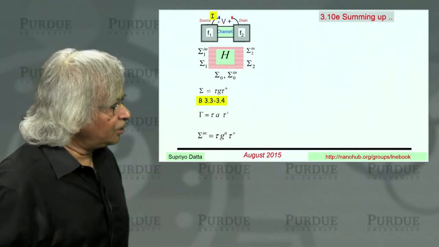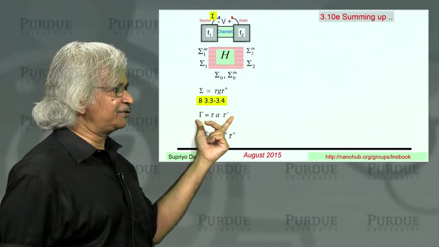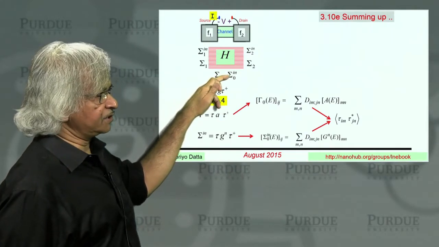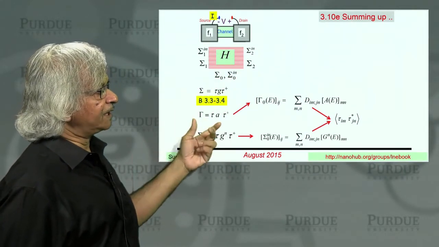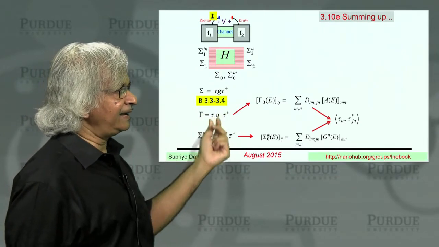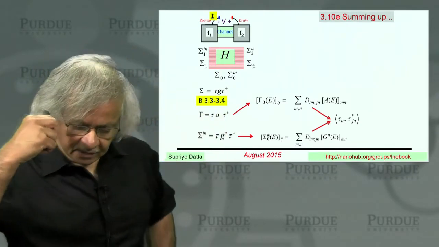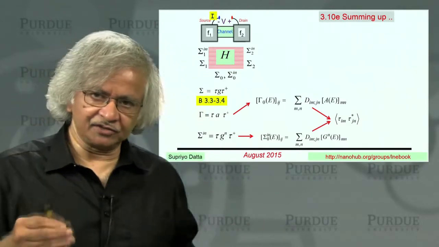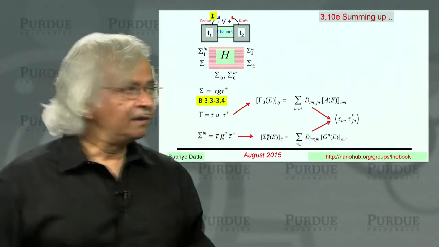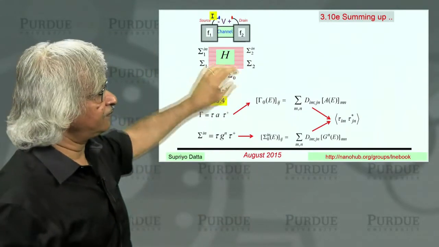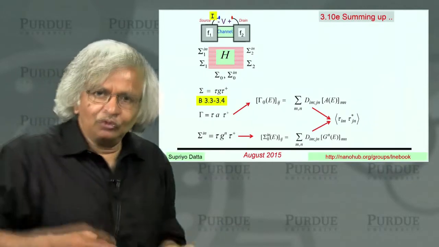Well, you could use this same expression to come up with an expression for sigma 0 or sigma 0n or the gamma. Because the way it works is, you see, gamma is tau A tau dagger. A is supposed to be the surface spectral function or the surface density of states of the contact. But when it comes to scattering processes like this, you could view it as if the conductor is its own contact.